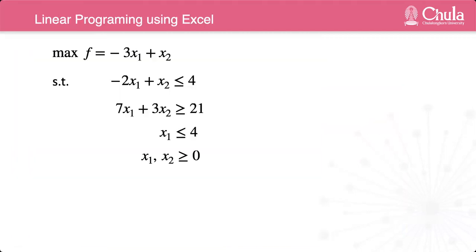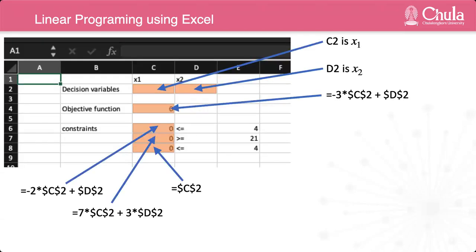The next one is linear programming by using Excel. In Excel, we write the objective function, the decision variable, and then the constraint. I show you here already what we input in each cell.